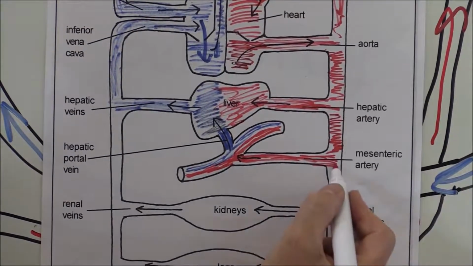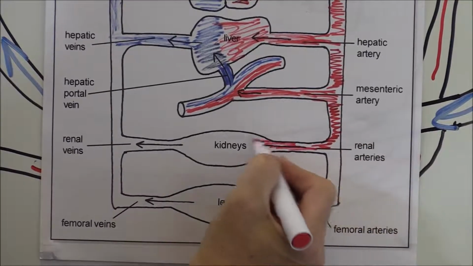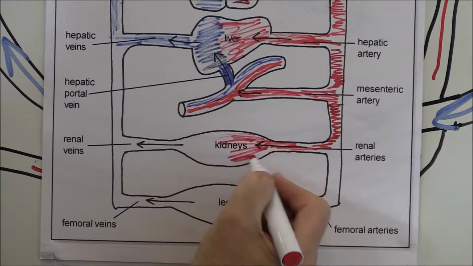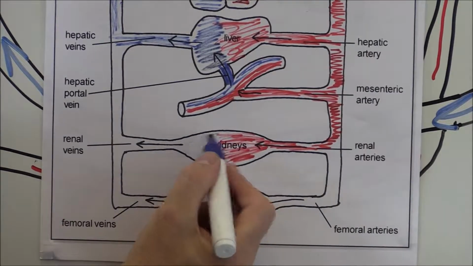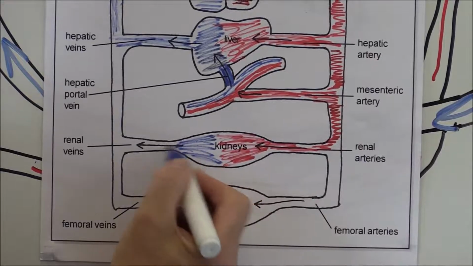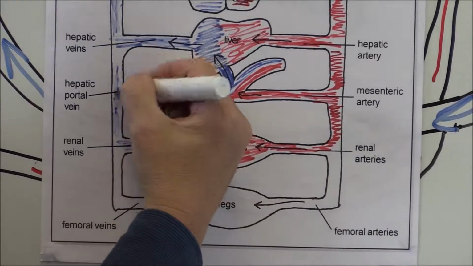Other blood goes down through the abdominal aorta to the kidneys. Again, going through the kidneys, giving up some of its oxygen, draining into the inferior vena cava.